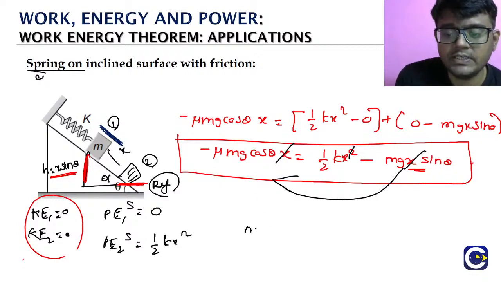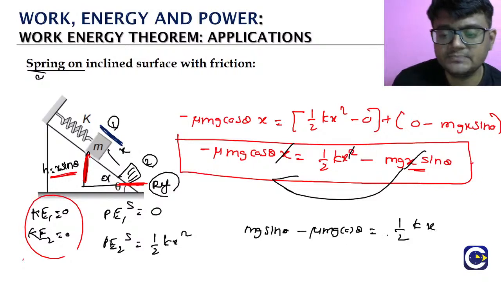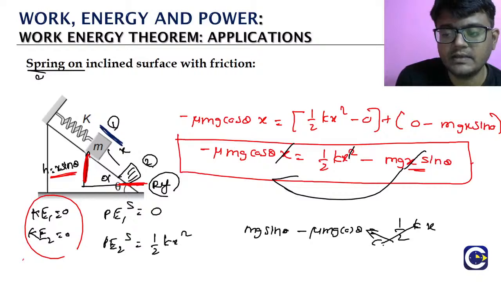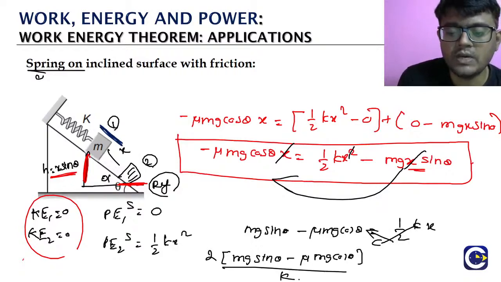So what you will have is mg sin theta minus mu mg cos theta is equal to half kx. Look, the 2 goes to the numerator and k comes to the denominator. So 2 times mg sin theta minus mu mg cos theta, whole divided by k.